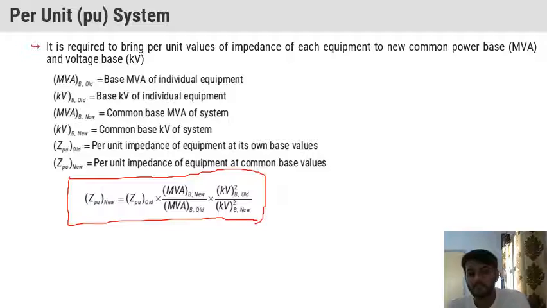If you try to memorize this formula, then keep in mind this condition: if you put new here, then definitely power new is on the upper side. Okay, and the opposite is for voltage. Okay, so here you have the old value, old value KV square.